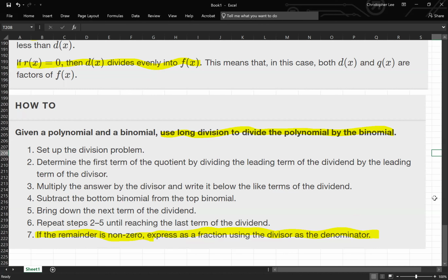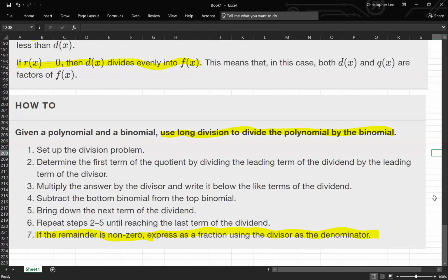Step 3, multiply the answer by the divisor and write it below the like terms of the dividend. Step 4, subtract the bottom binomial from the top binomial. Step 5, bring down the next term of the dividend. Step 6, repeat steps 2 through 5 until you reach the last term of the dividend.